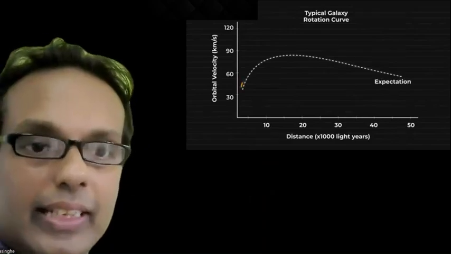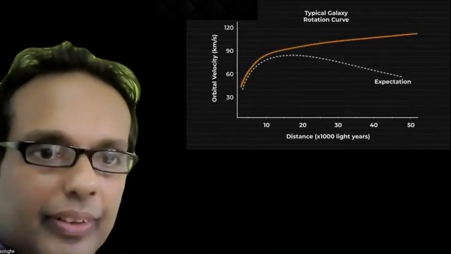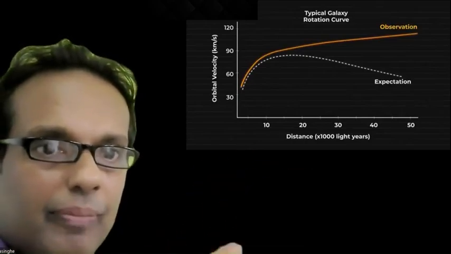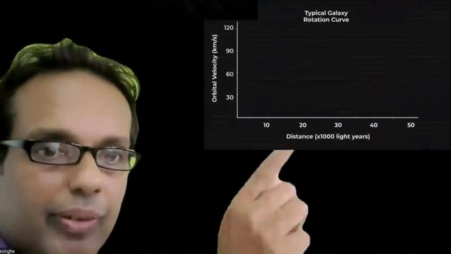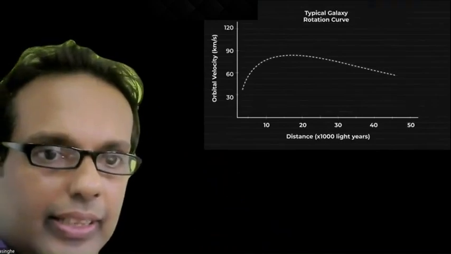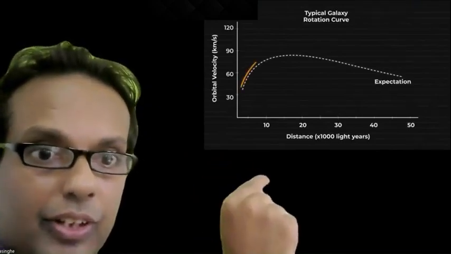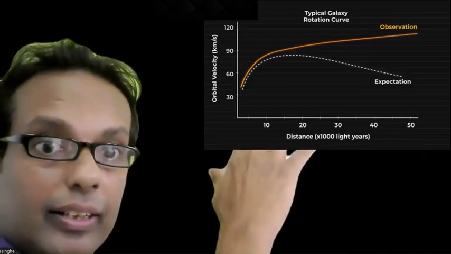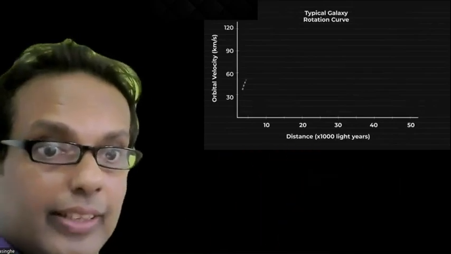But it didn't happen. We start seeing that when you go further away from the central mass in the galaxy, the speed of the stars further and further away is not decreasing.